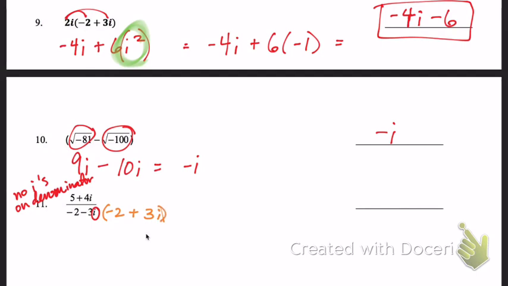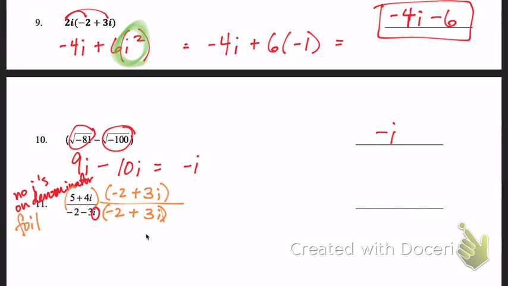If I'm going to multiply on the bottom, I also need to multiply that on the top. You can also call it creatively multiplying by 1, because essentially what I have written in orange is technically 1, because it would reduce. However, we have to multiply by this in order to get rid of the i on the denominator. I'm going to do that on the top, and we're just going to FOIL.